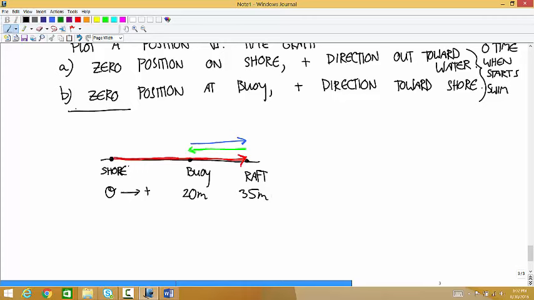And so what this says is the swimmer starts at 0, swims to 35 in 60 seconds, back to 20 in 20 more seconds, and then back to 35 in 30 more seconds.